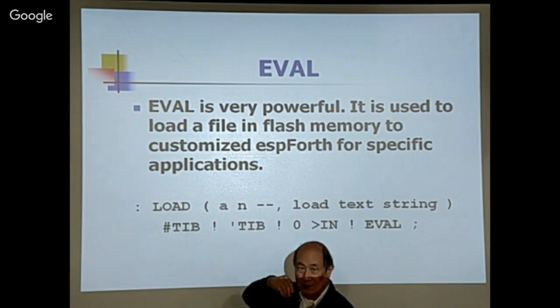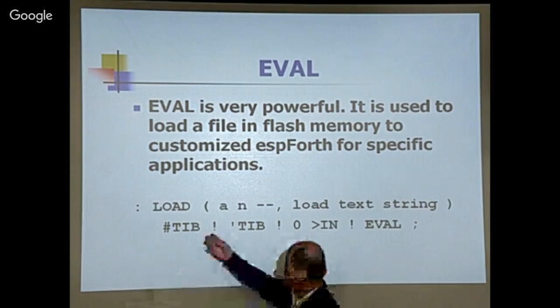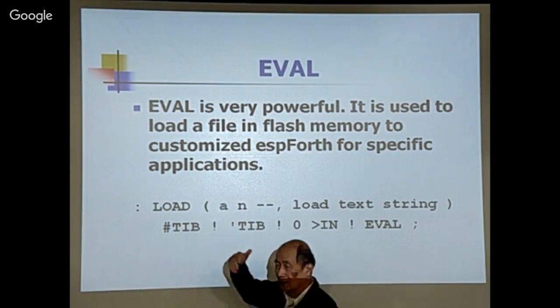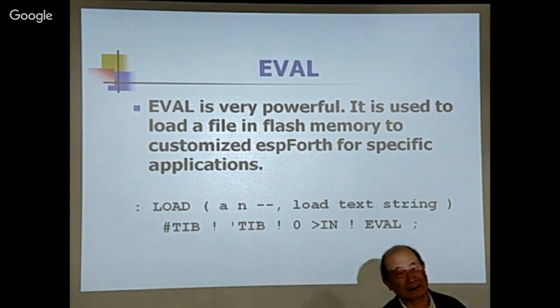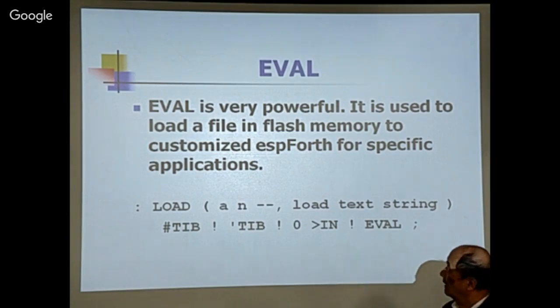And in the original Forth load command, you give it a block number, and it knows where to get the text. But you only get 1024 bytes. But here, I can load in as many bytes as necessary.